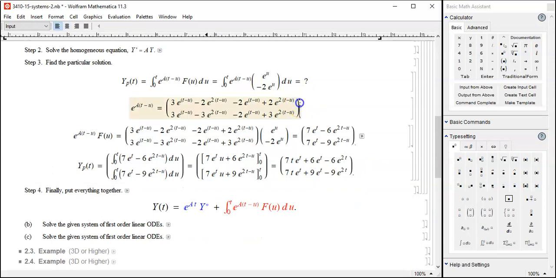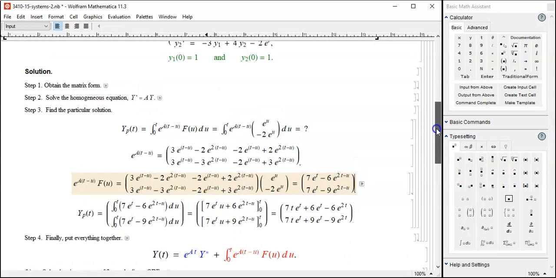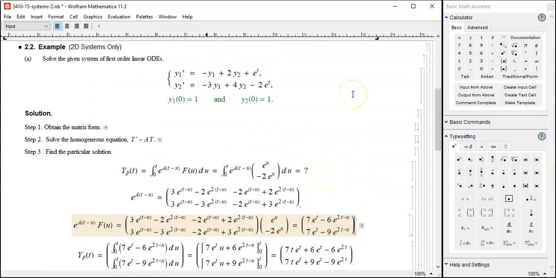I don't need this any longer. And that's this part. So matrix multiplication, this e to the a t minus u power times f of u. Well, some brute force computation, I guess, and you're going to get something like this.